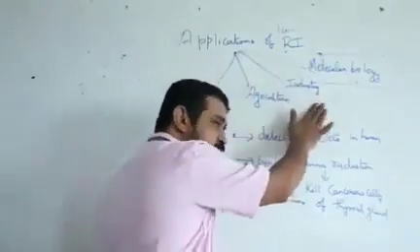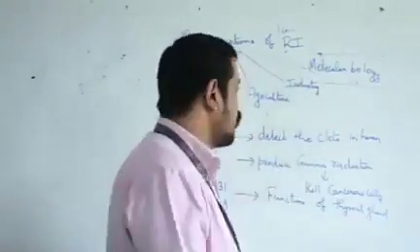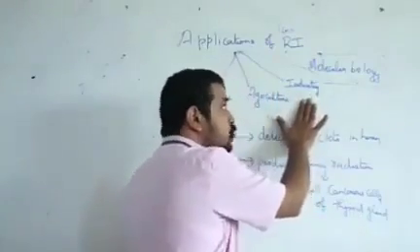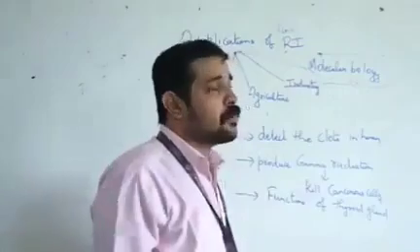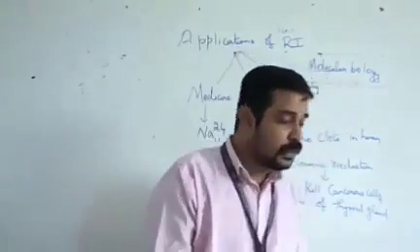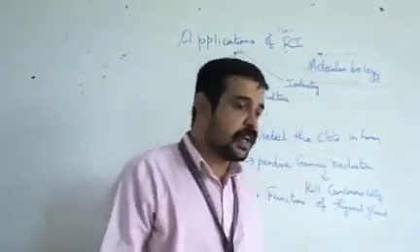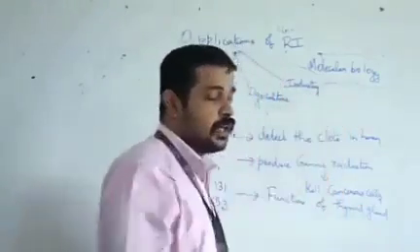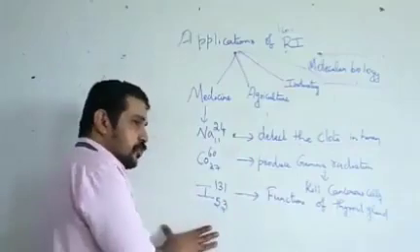Same is the case in industry, it has fewer advantages in the field of industry. And in molecular biology also it has advantages when compared to disadvantages, but the handling of the radioisotopes is very tough.